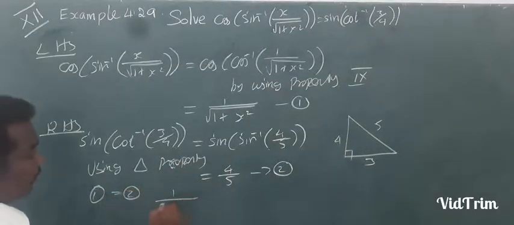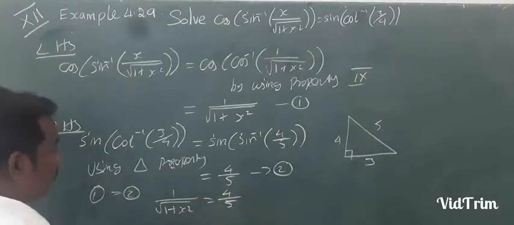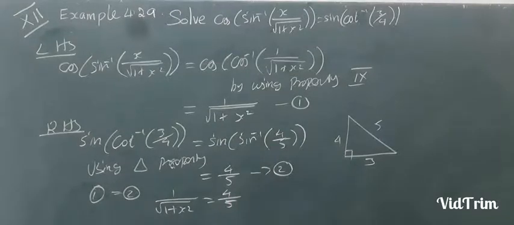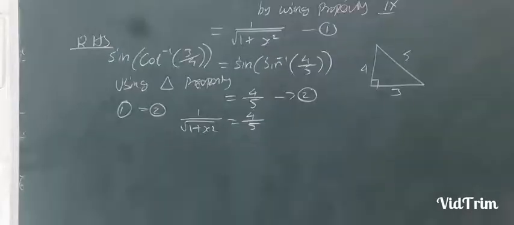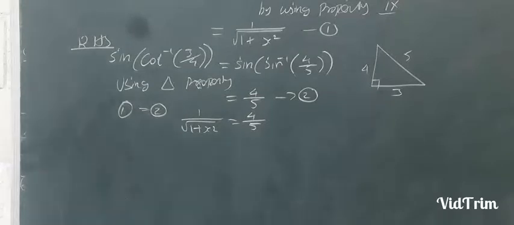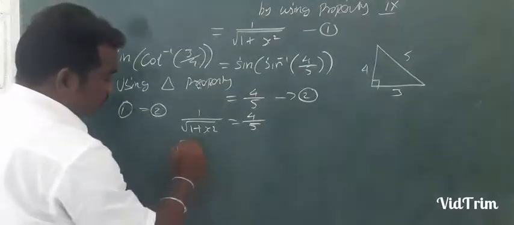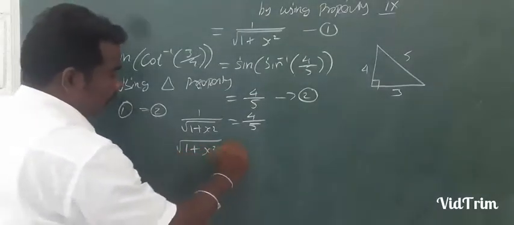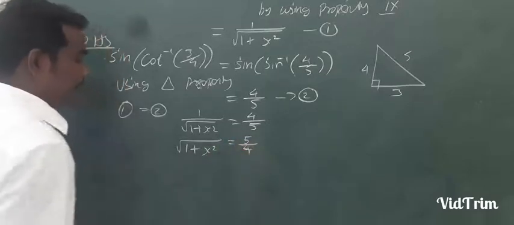There, 1 by square root of 1 plus x square is equal to 4 by 5. Now we are going to simplify for x. Take the reciprocal. Then we have square root of 1 plus x square is equal to 5 by 4.